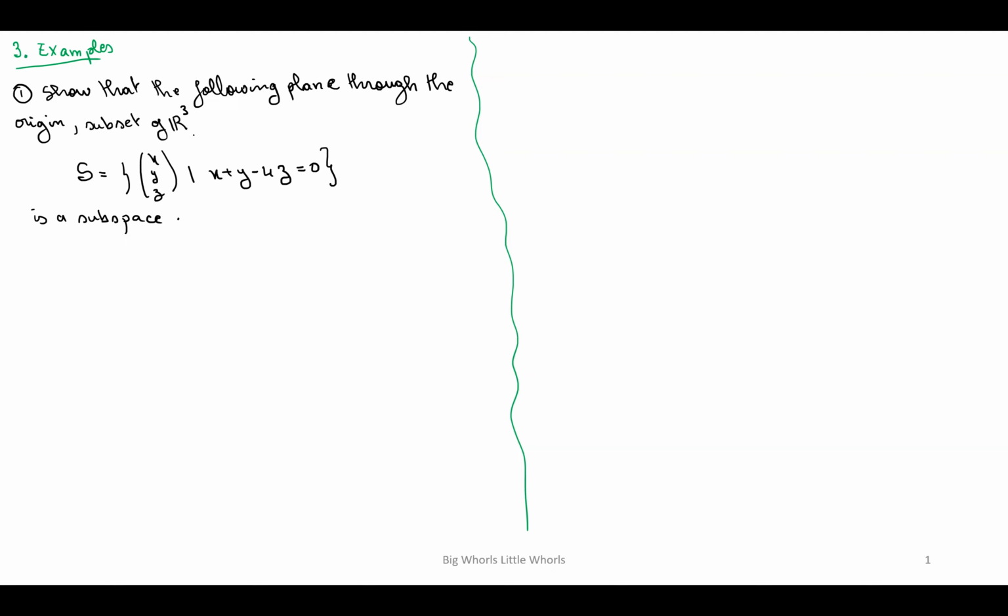Now, to be able to prove that that subset S of R3 is a subspace, the subset S has to be a space itself.